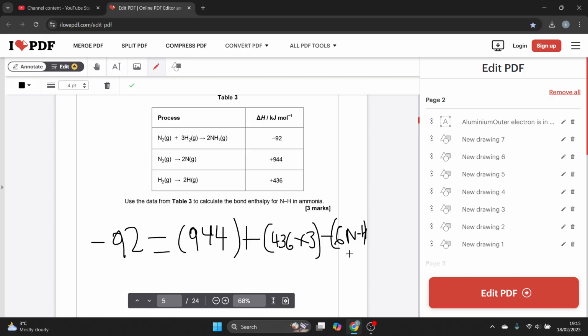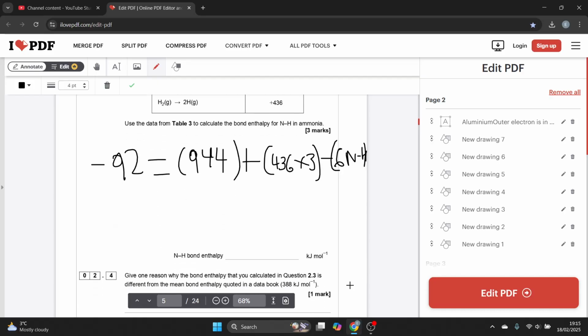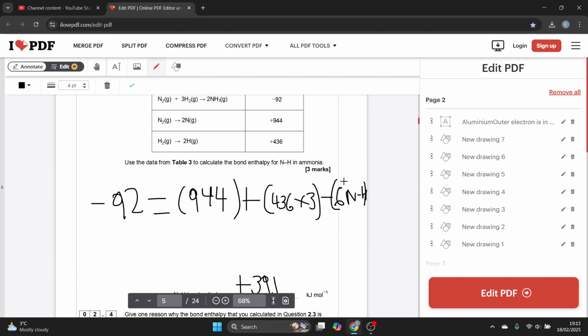And I get 391, positive 391, because that's negative 6 N-H bonds. Add that to this side, and then I can say 6 N-H equals 944 plus 436 plus 92.